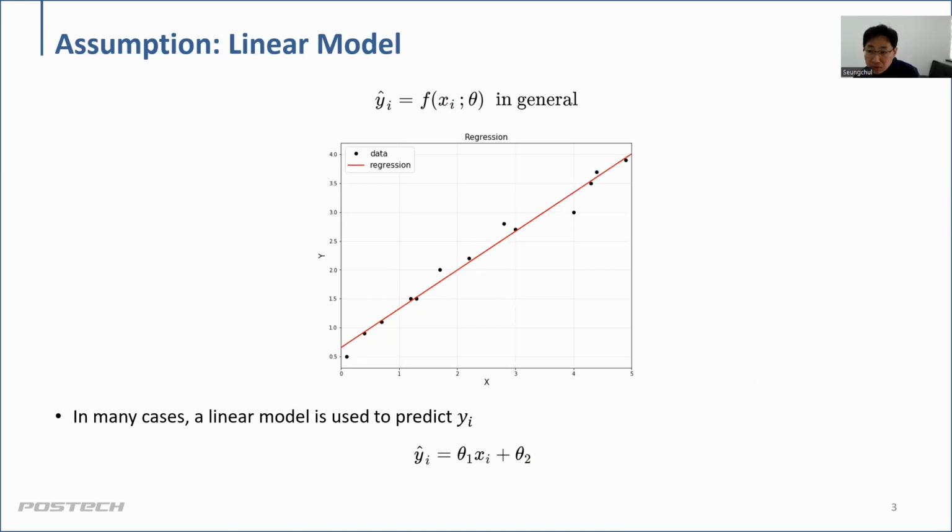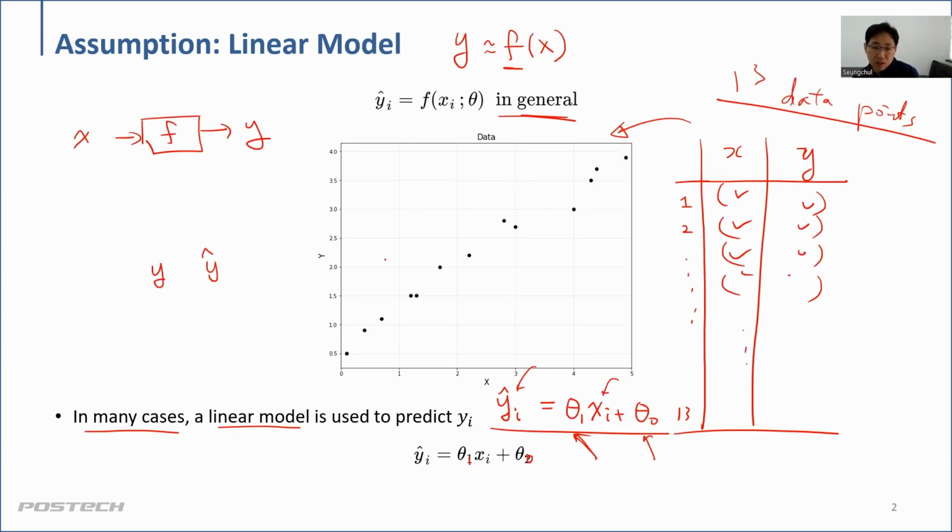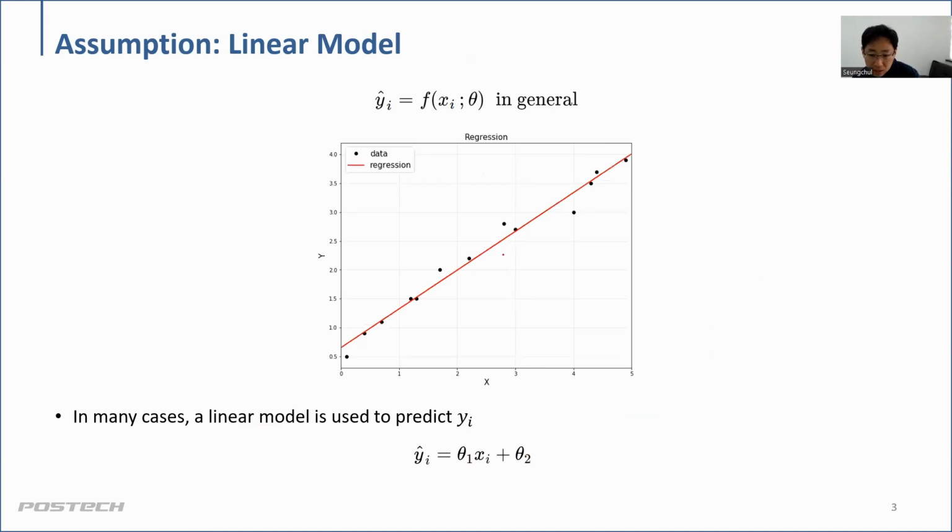You might draw a straight line. Given these points, nobody would say this is the fit, probably not, and this is not either. Most people would try to draw the straight line like that, with a corresponding slope and y-intercept, and these are the two parameters.